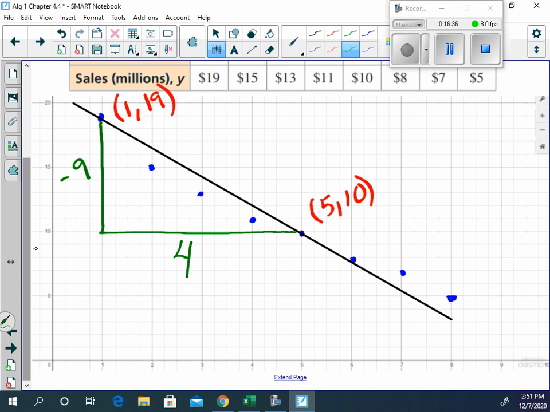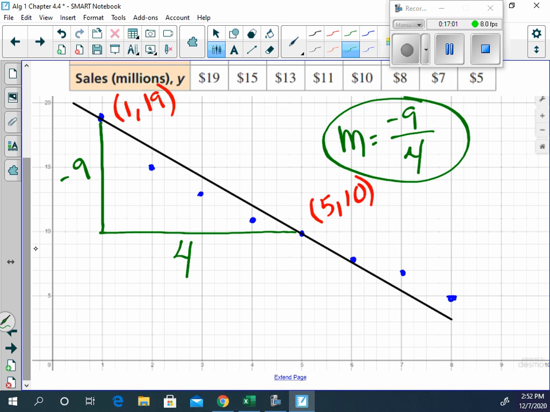So the slope would be what over what? Negative 9 over 4. We call it negative 9 because we went down 9. Down is negative, and we went to the right 4, and right is positive. So our overall slope for this here is what?